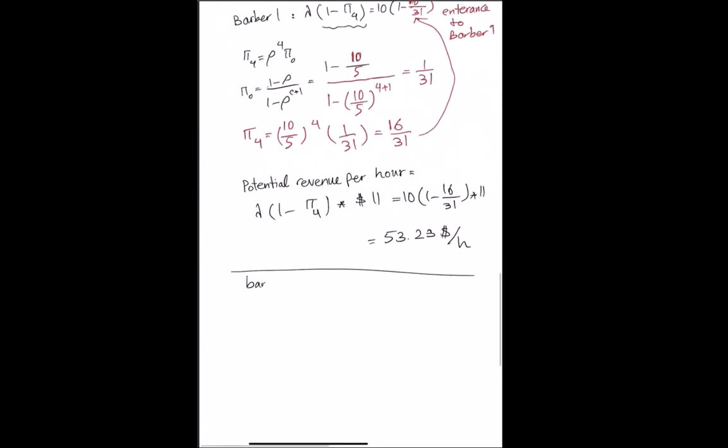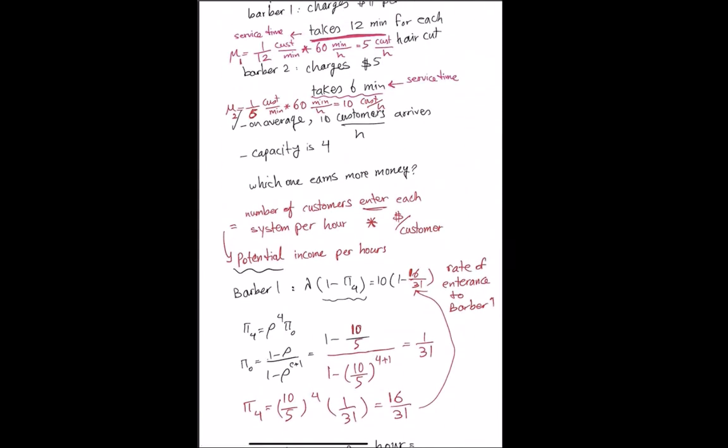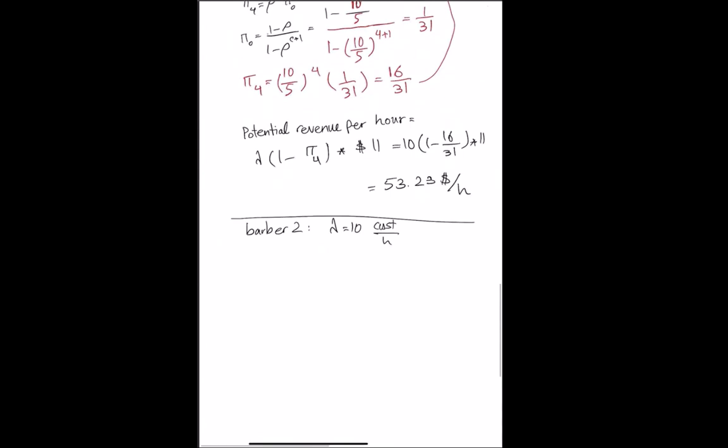Now for barber 2, the rate of arrival is 10 customers per hour again. For both barber 1 and barber 2, the rate of arrival is 10 customers per hour. For barber 2, we just calculated mu2, and the rate of service was also 10 customers per hour.